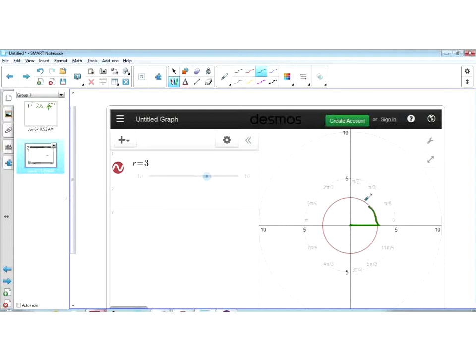As theta ranges from 0 to 2 pi, you draw a radial arm of length 3 for each value of theta, and you accomplish drawing a circle of radius 3 in the polar plane. So when r is equal to a constant, r is the radius of a circle centered at the polar vertex. That is the most fundamental of polar graphs.